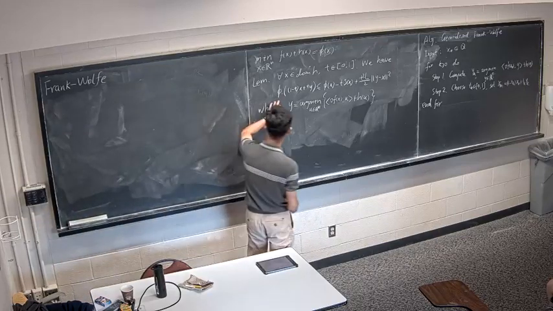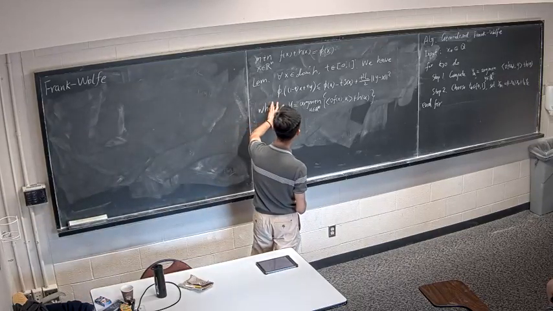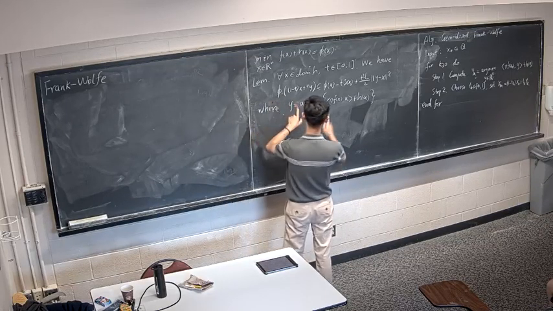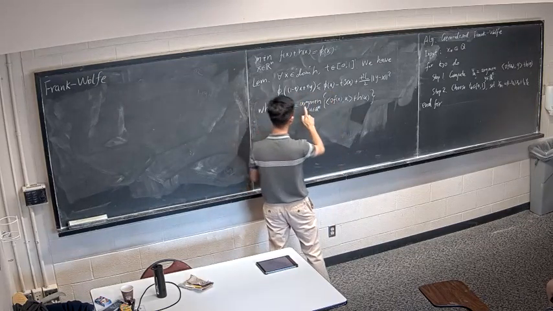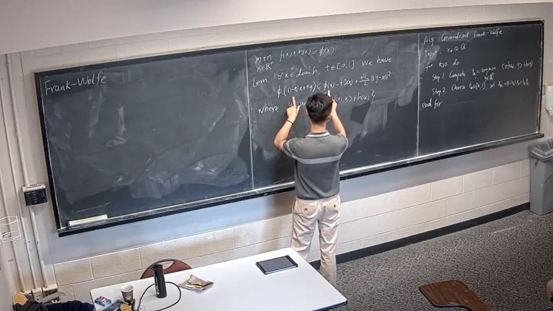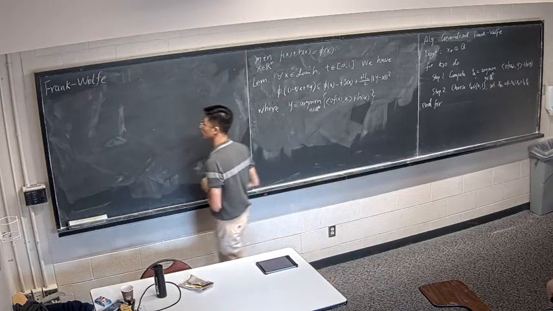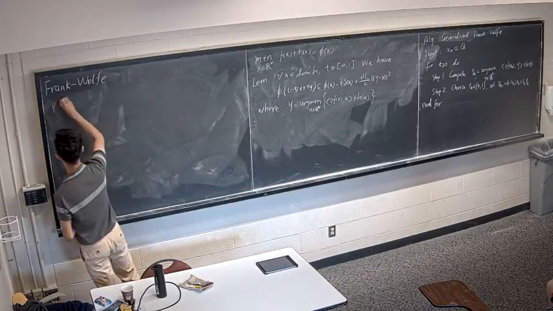So this is a key property of the Frank-Wolfe method. It gives you the one-step relationship between the point x and x plus, the next search point. It gives a recursive formula between the two points. So let's do the proof.